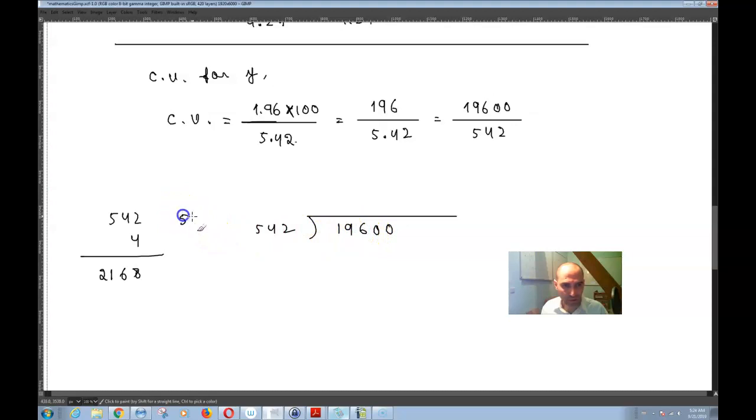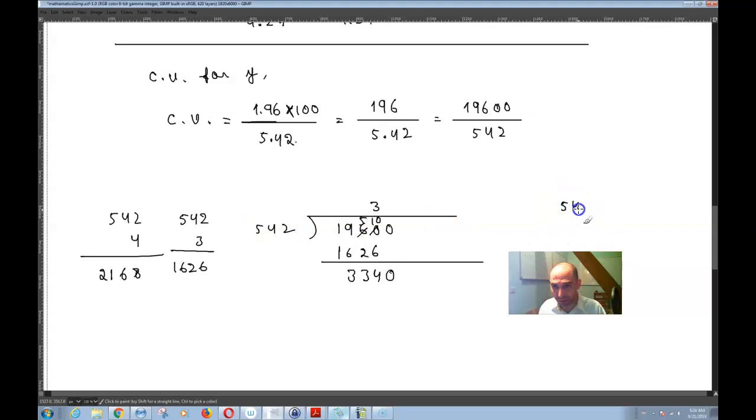So 542 times 3 is equal to 1626. So we go for 3 times 1626. So you have a 5 here, a 10 here, a 4, a 3, and a 3 is 0. So you have 500, and that's 3000. So that's around 6 times.